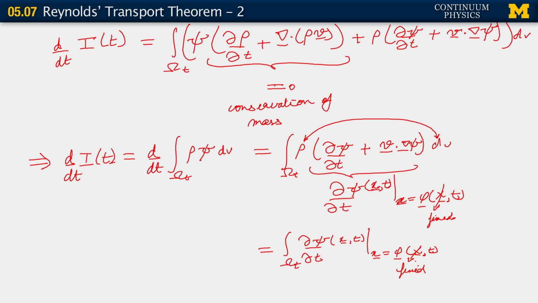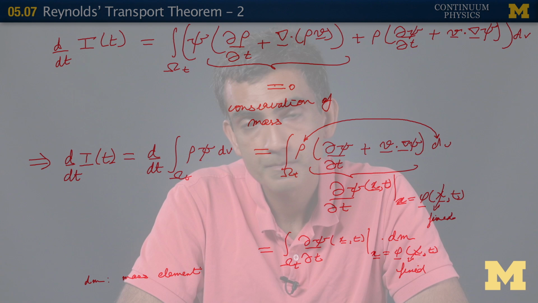This times dm, where dm is a mass element. So this gives us a nice simplification of these cases where psi is properly defined as a quantity per unit mass.